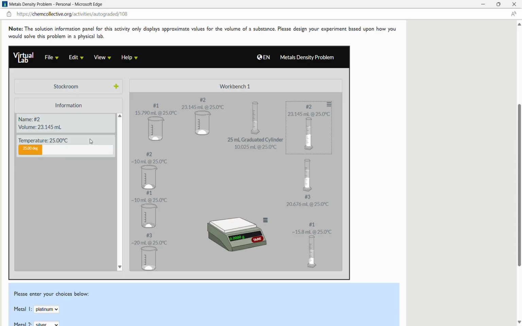And then I got my total volume, which for number 1 is going to be 15.8 milliliters. For 2, it is going to be 23.145 milliliters.